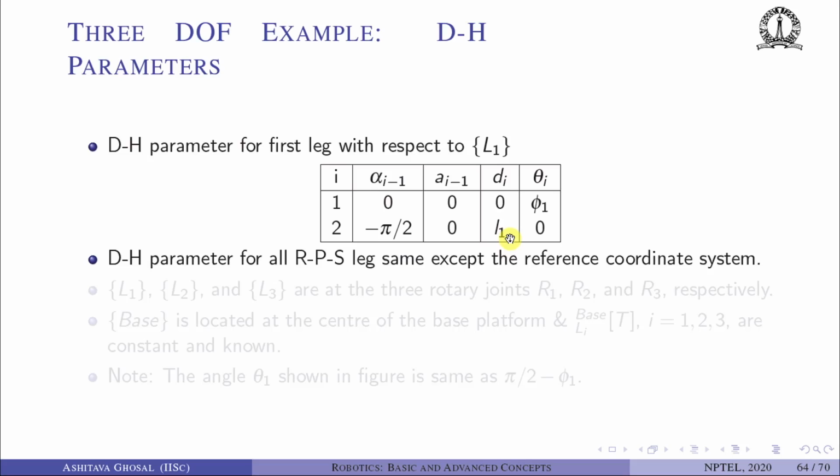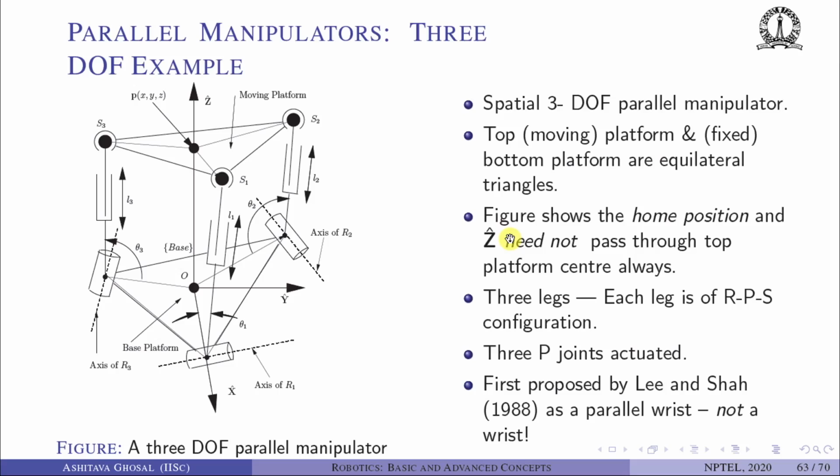So inherently, what have we done here? What we have done is we have broken up this serial parallel robot into three serial robots. So R, P, and it is broken here, it is broken here, and it is broken at the S joints. So basically, each serial link has two joints, a rotary joint and a prismatic joint.